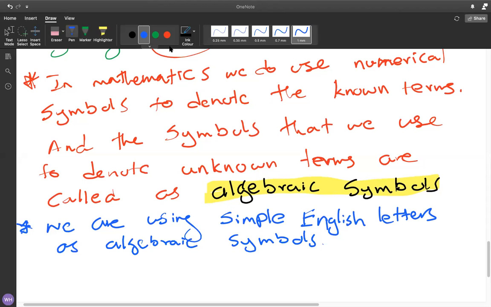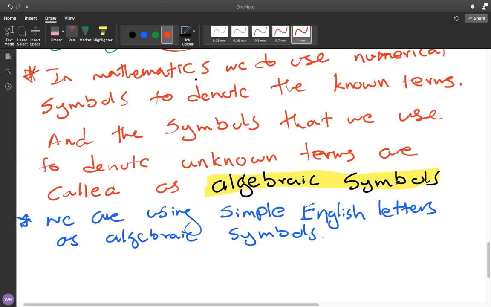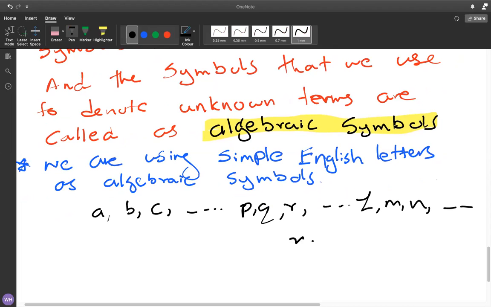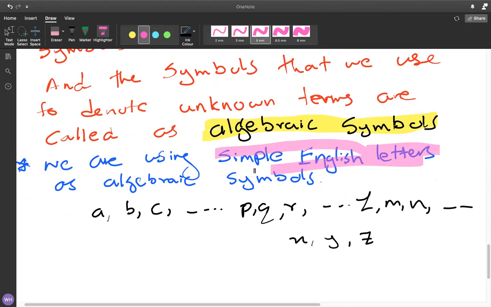We don't use capitals, simple letters. So you can use simple a, simple b, simple c, any letter, simple p, simple q, simple r, and you can use l, m, n, any letter, x, y, z, any letter that you like out of these 26 letters, but definitely they should be simple English letters. Understood?